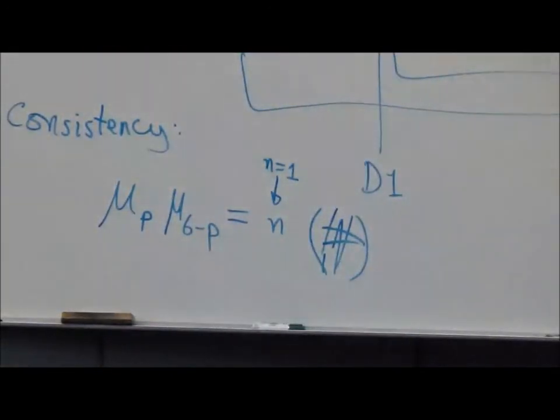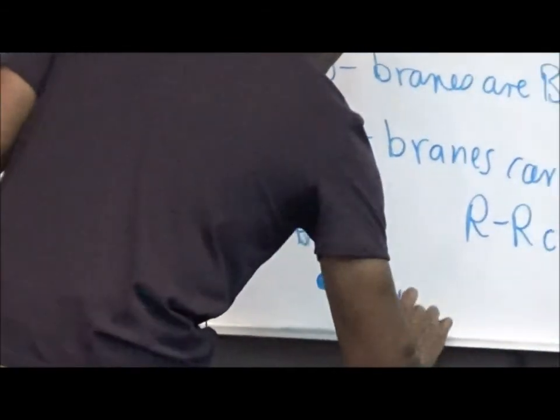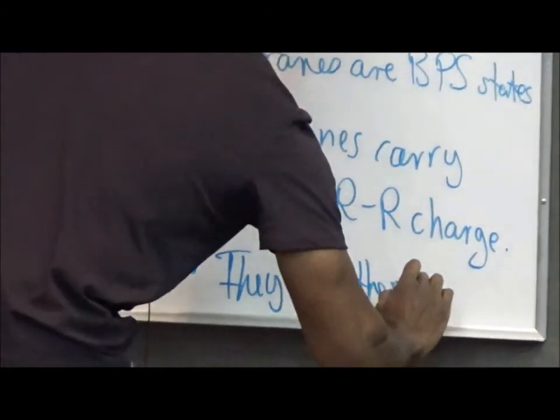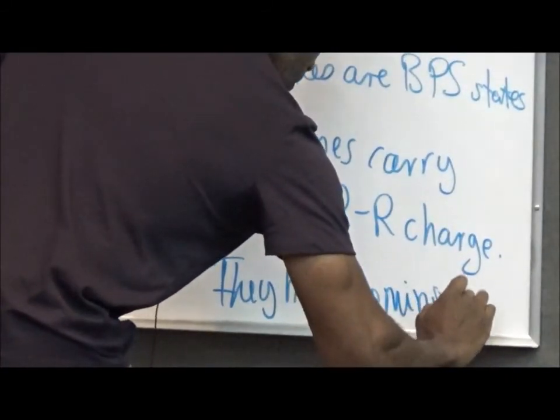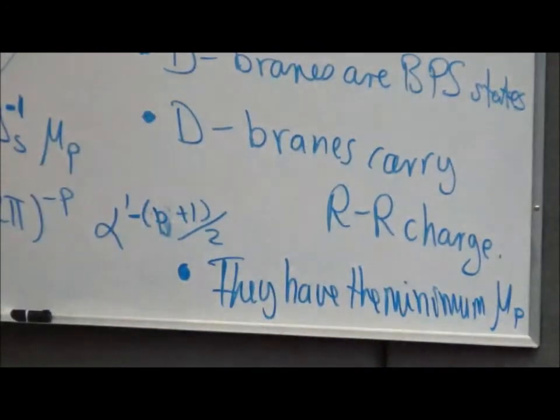This other important piece from the story: it's the minimum value allowed by the quantum theory. So they have the minimum mu p. Under no circumstances can it be greater than n equals 1. No, I mean it could have been, but now we know that's just 2D-branes.